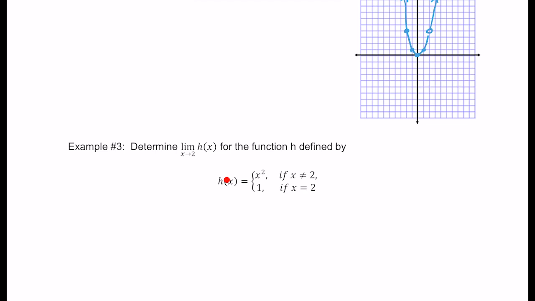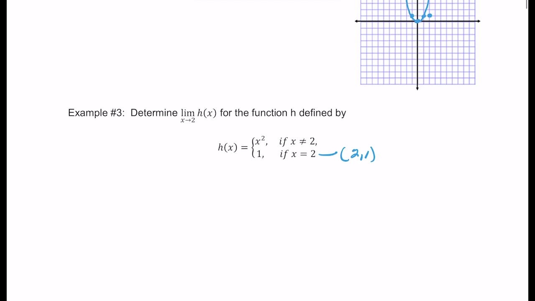We also know that h of x will equal 1 if x does equal 2. So that just tells me that I'm going to graph the point 2 comma 1. So it's like a random point there off to the side. Sorry, it should move down 1. Let me fix that. 2, 1. Okay, there we go.